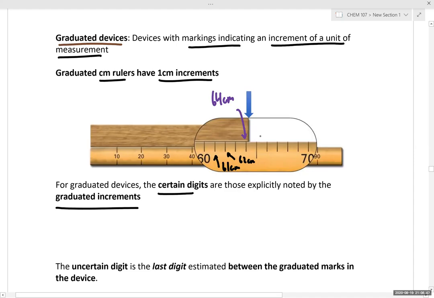Is it past the 64 centimeter line? It's greater, right? So our wood block is somewhere between 64 and 65 centimeters, greater than 64 and less than 65. So we're going to write down 64. These are our certain digits.